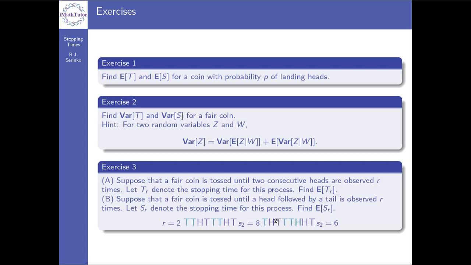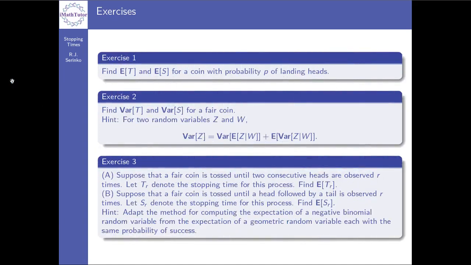So the process stops here. In both of these sequences, we've had a head followed by a tail 2 times. Our hint is to adapt the method for computing the expectation of a negative binomial random variable from the expectation of a geometric random variable, each with the same probability of success.